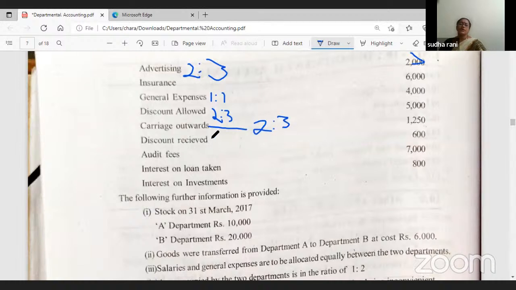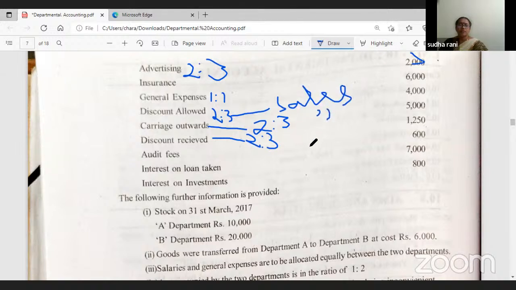Discount received is based on purchases, since when you make purchases, you receive the discount. Since both purchases and sales have the same ratio, discount allowed is based on sales, carriage outwards also on sales, but discount received is based on purchases.